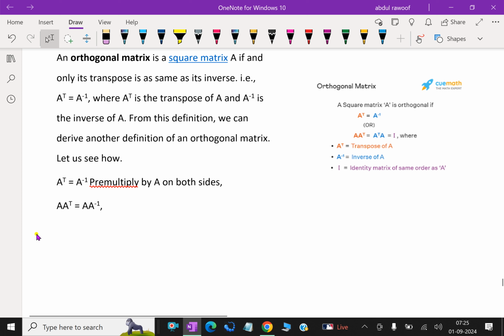That is A multiplied with A^T must be equal to A multiplied by A inverse, which is equal to the identity matrix I. Look here, a square matrix A is orthogonal if A^T is equal to A^-1, that is the inverse matrix.